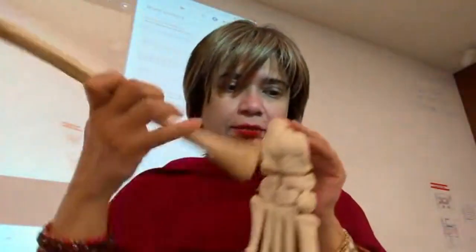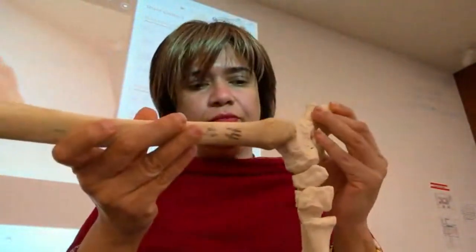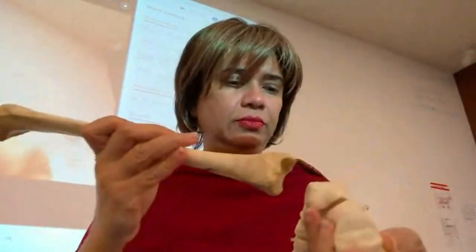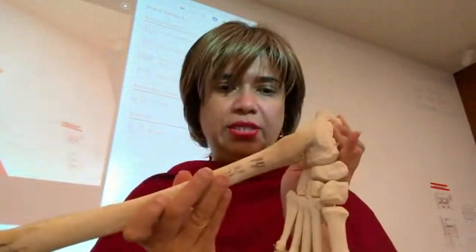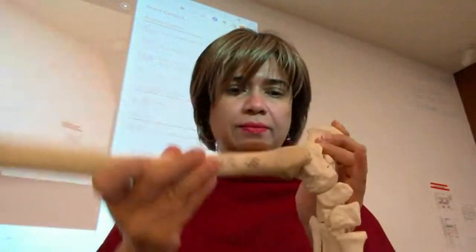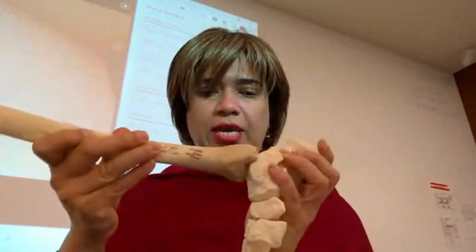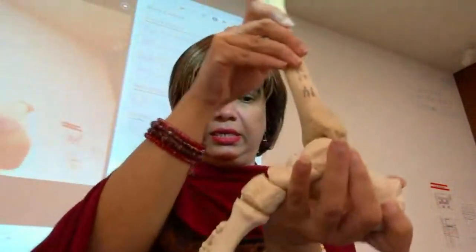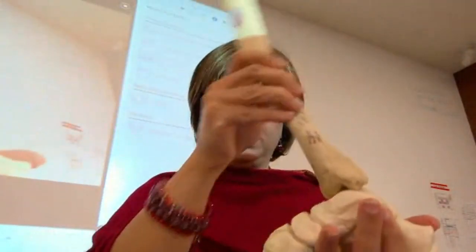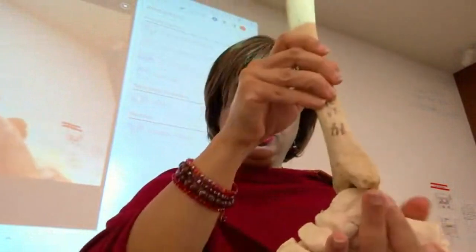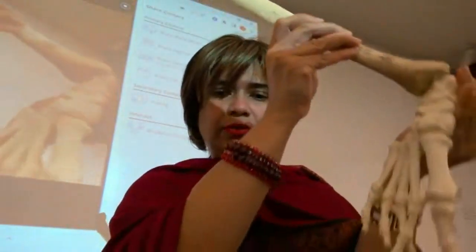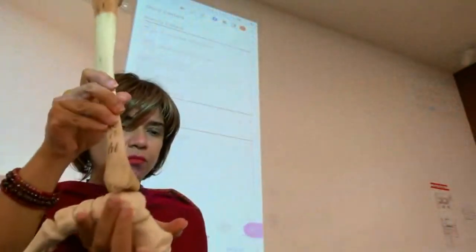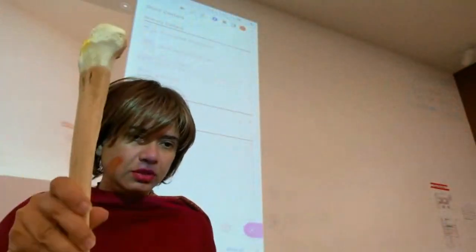We are going to do it later, but tibia articulates with the talus this way. Okay, and your basically leg moves, or your foot may move as well. Okay, so that's how it happens.